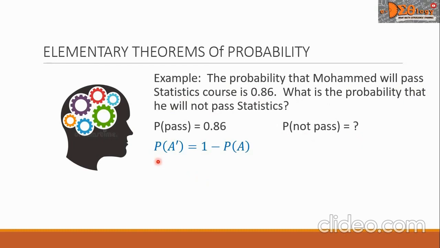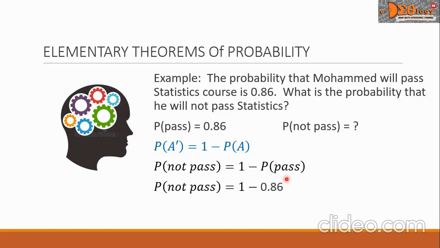Our formula, P of A' equals 1 minus P of A. We may write here now the probability of not pass equals 1 minus the probability of pass. And we substitute the value, the 0.86, in the probability of passing.